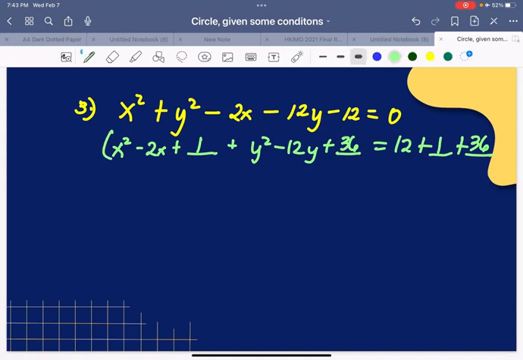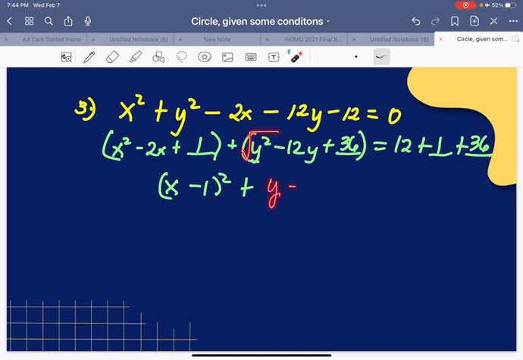Then, this is now a perfect square trinomial, and that is equivalent to square root of x squared, that is x. Square root of 1 is 1. This is minus, so minus quantity squared. So we have x minus 1 quantity squared plus this one, that's factor. Okay, so square root of y squared, that is y, minus, square root of 36 is 6 quantity squared.